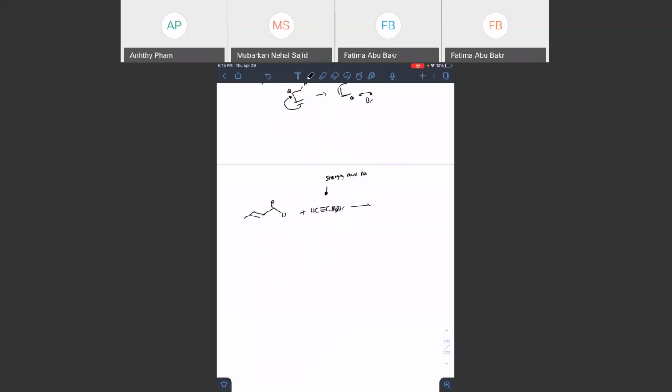That's also going to react in THF or some other solvent like that, and then H2O or H3O plus. All that's going to do is remove the hydrogen from here, and then this portion is just going to attack straight onto there. And so what that's going to give us is, and this is 1,2 addition, so there's no rearrangement involved.